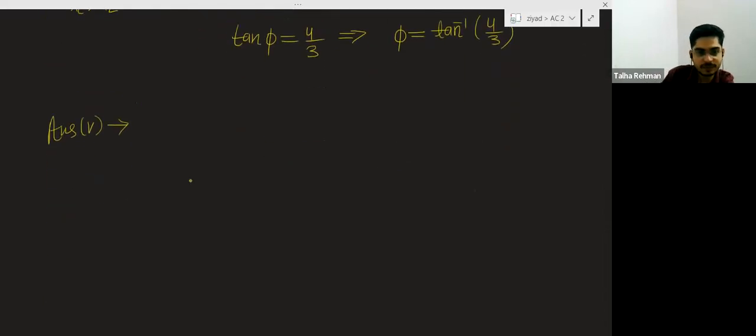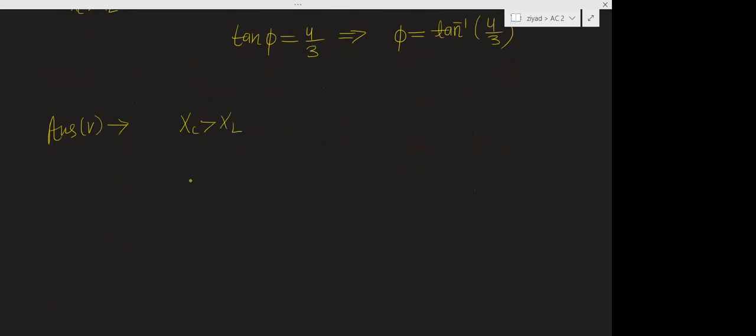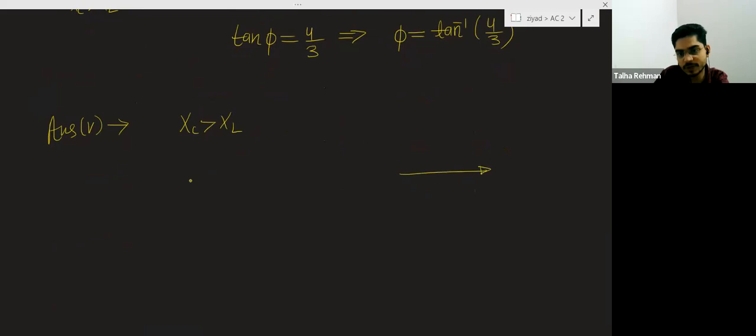Here in this case, we know that XC is greater than XL. So here will be the peak voltage of resistance, and XC is greater than XL means if current is in this direction, then here will be your peak voltage across the capacitor minus peak voltage across the inductor.